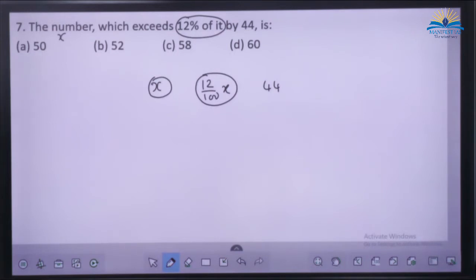Okay. After this, you have written. Where did 44 go? X exceeds 12% of it. X exceeds.